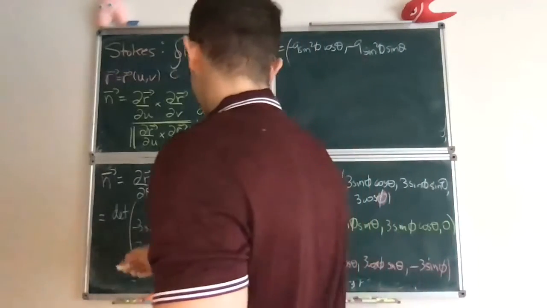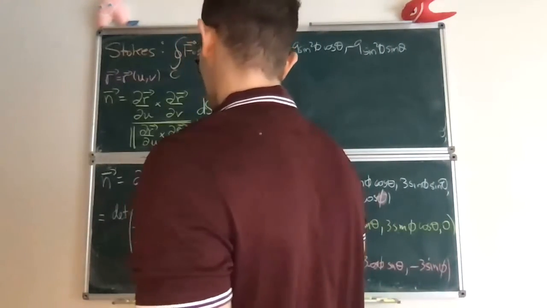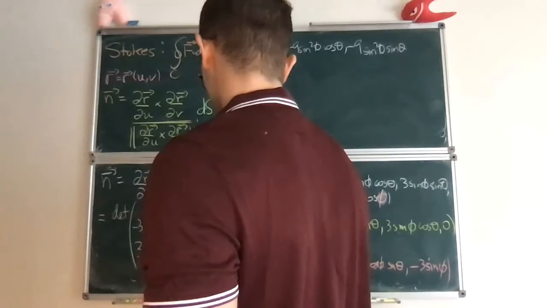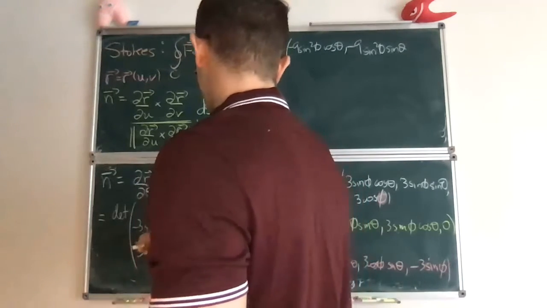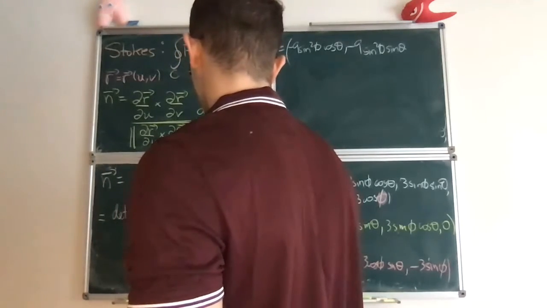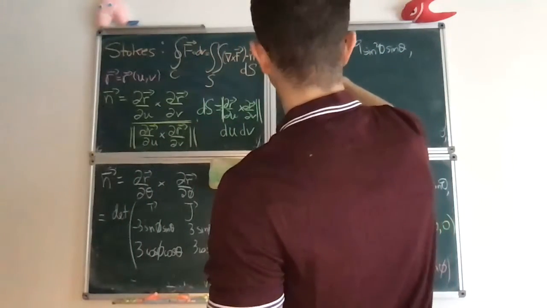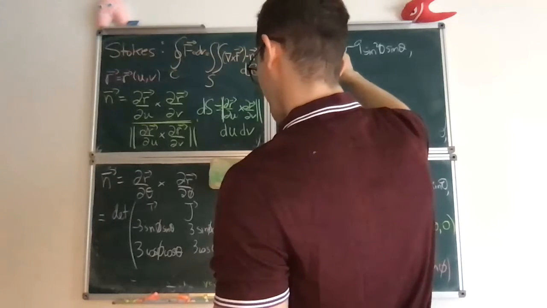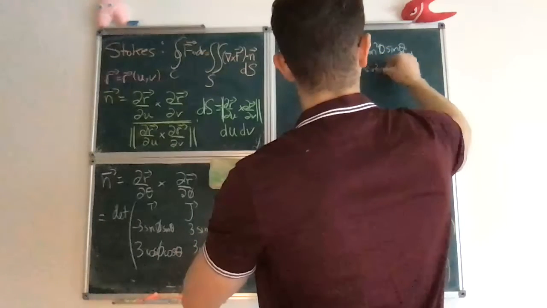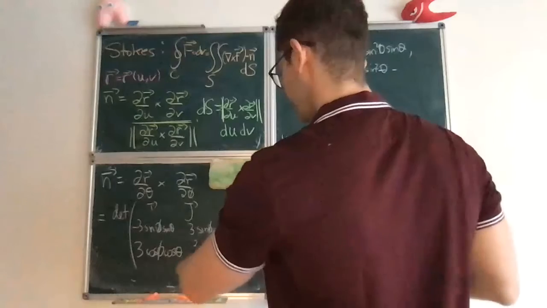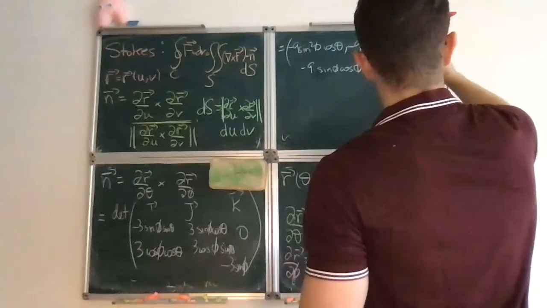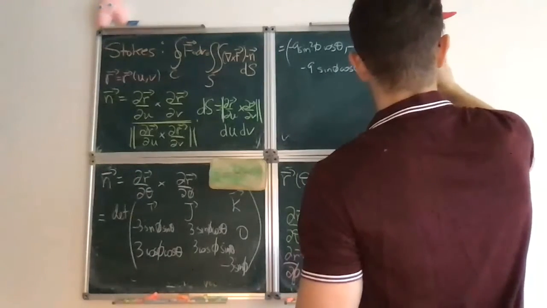And then the third entry gives you -9 sine of phi cosine of phi sine squared of theta, minus 9 sine of phi cosine of phi cosine squared of theta.